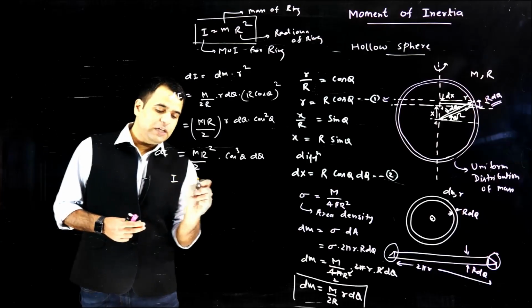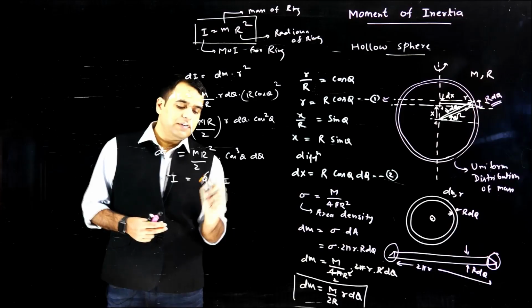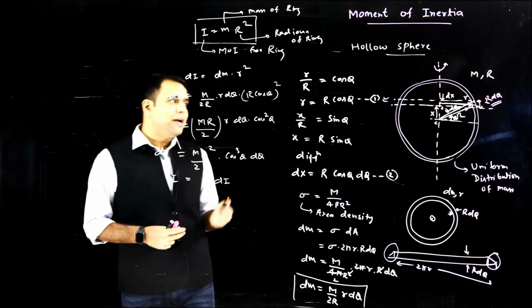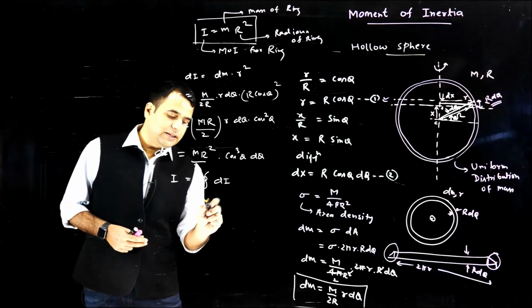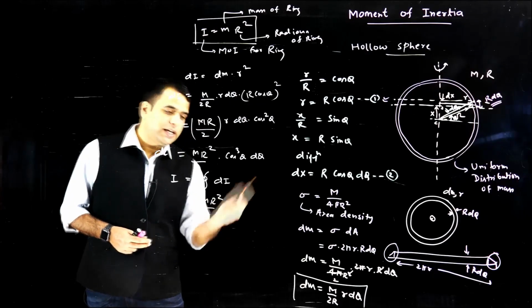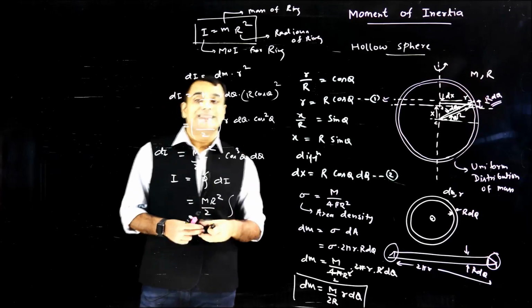The moment of inertia for the whole hollow sphere will be equal to the integration of dI, and we have to integrate it in such a manner that the whole body is covered. Okay, so let's integrate this. It will be mR square by 2, we can take it out because it is a constant, and the integration of cos cube theta.